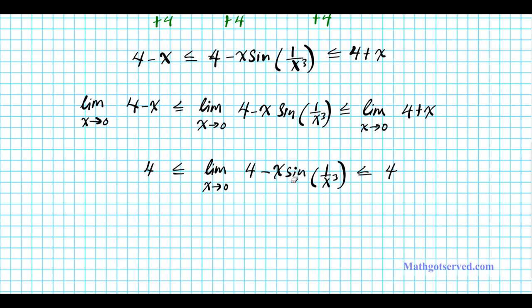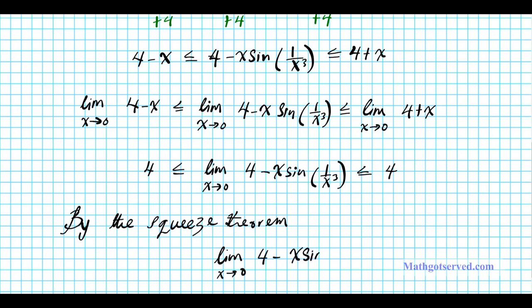If you're between the same number, you have to be that number. So by the Squeeze Theorem, the limit as x approaches 0 of 4 minus x sine 1 over x to the third is equal to 4. Because if you're between 4 and 4, you must be 4. So that's basically that.